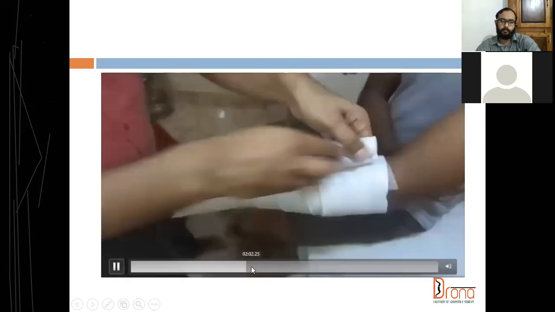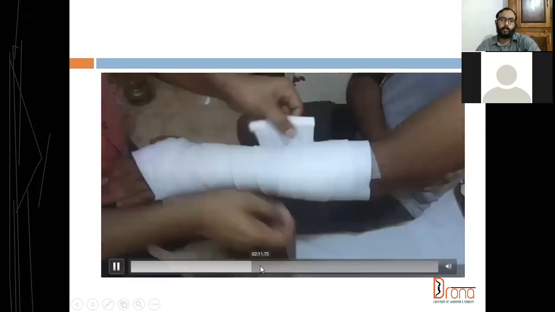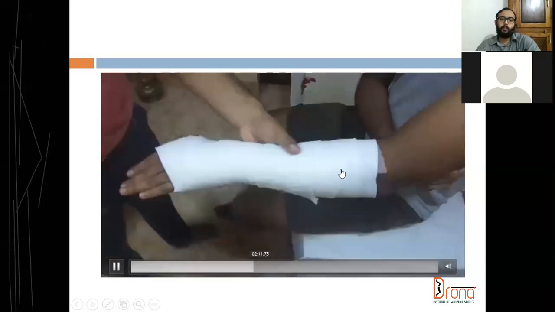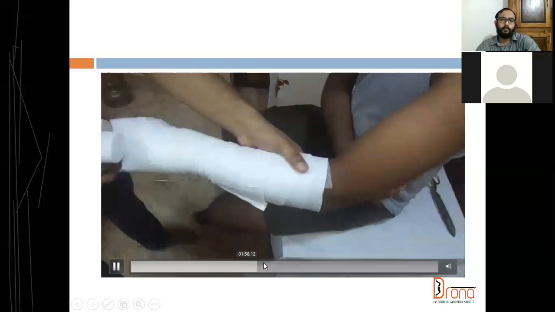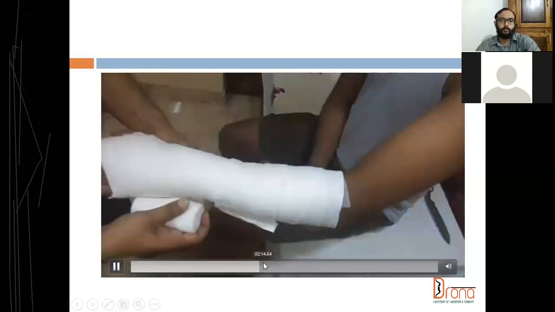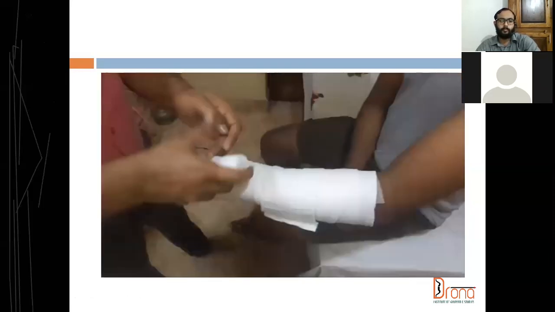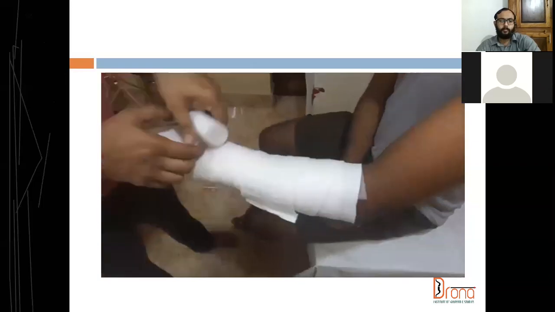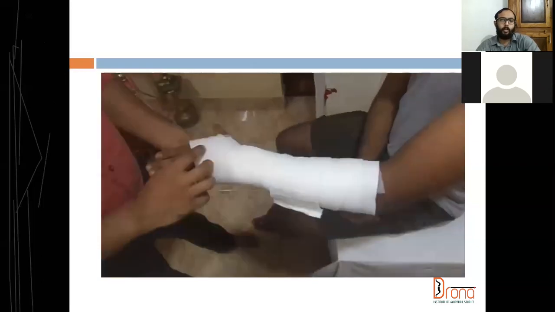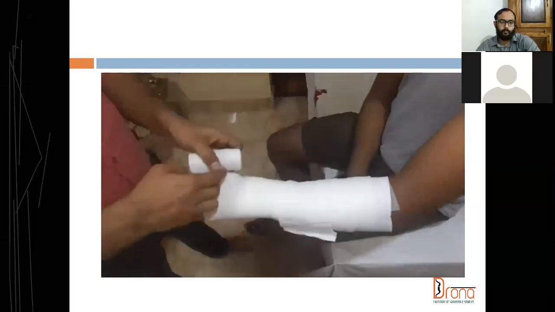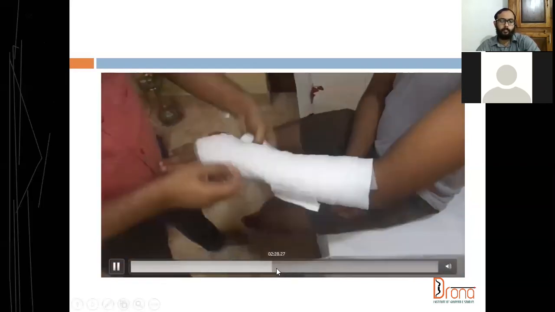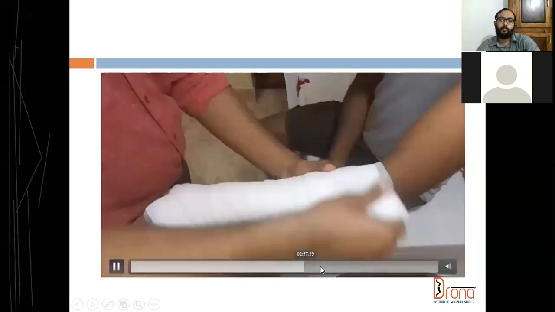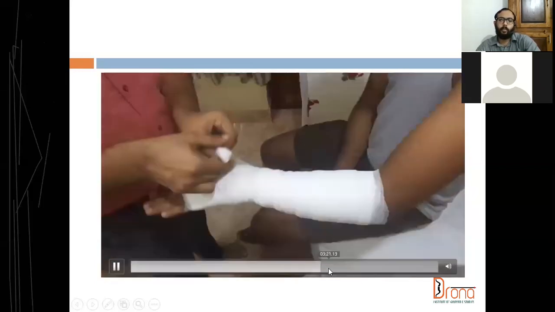This is regarding circular turns of compressed cotton. And then fix it with a roller bandage. This is Anuvelita bandha or spiral bandage.